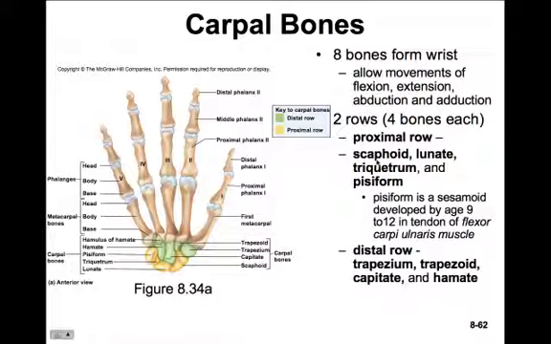It goes, some lovers try positions that they can't handle, right? So scaphoid, lunate, triquetrium, pisiform, trapezium, trapezoid, capitate, hamate. Some lovers try positions that they can't handle. That should help you remember all of those. Otherwise, they're kind of tough.